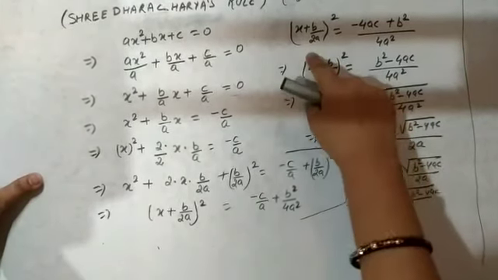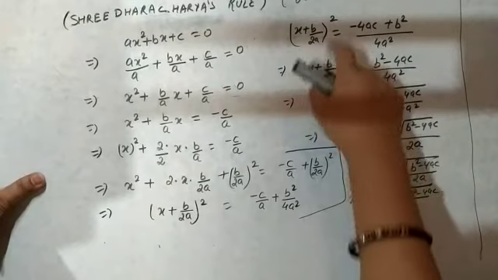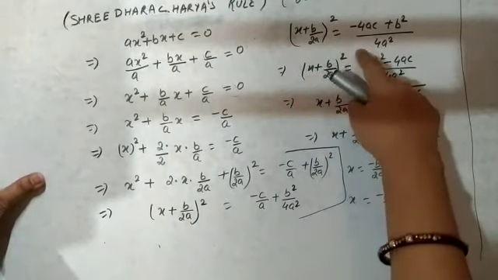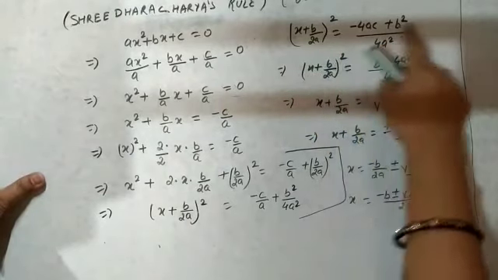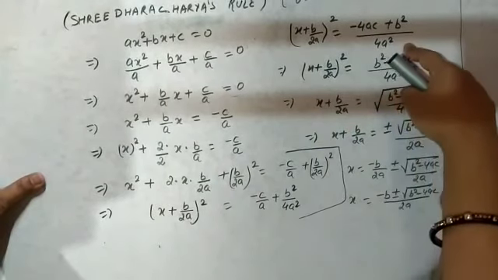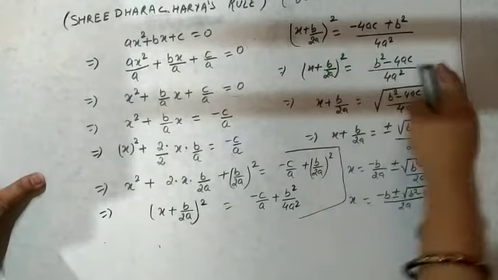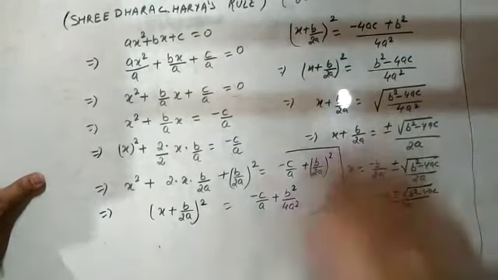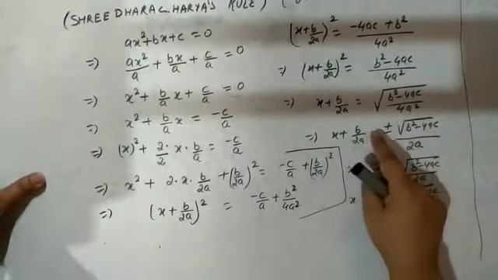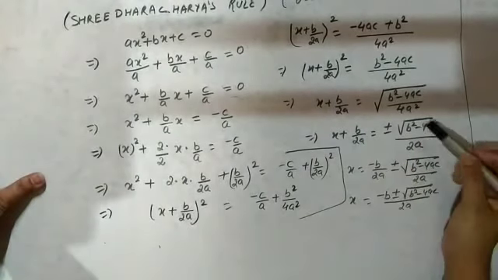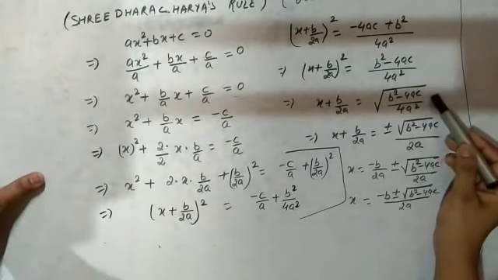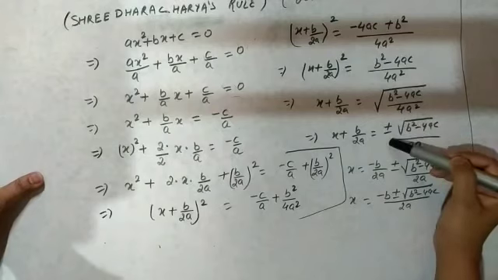So now you can write it as x plus b by 2a whole square equals minus 4ac plus b square by 4a square. Now take this square sign to the other side, so it will come inside the root. So now x plus b by 2a equals, when it comes out of the root, it comes with both plus and minus signs.